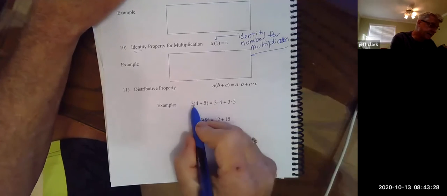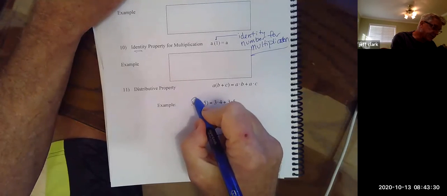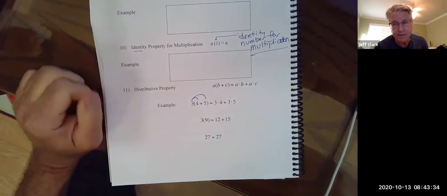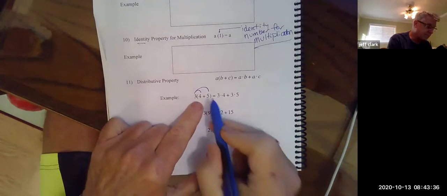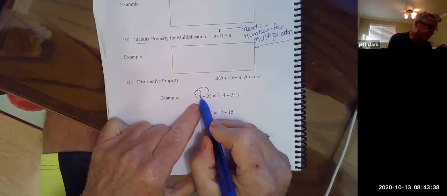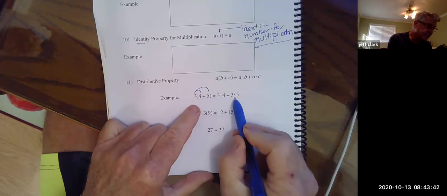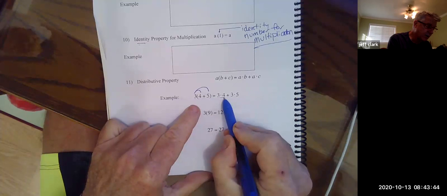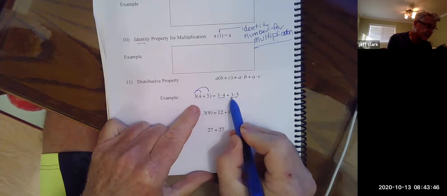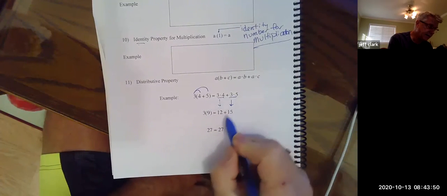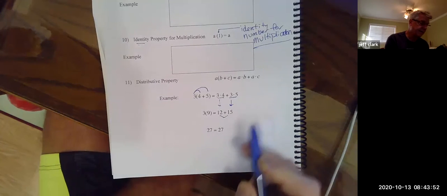So I'm going to take the number 3 and distribute it, give it via multiplication in mathematics, by multiplication. So that's 3 times 4 and 3 times 5. And if you work these out separately, you get 12, 15, and then that's 27.